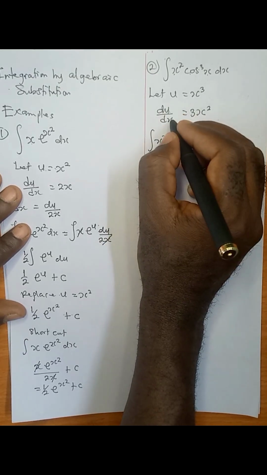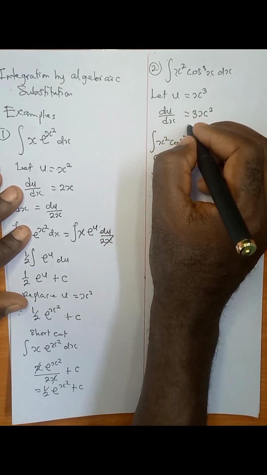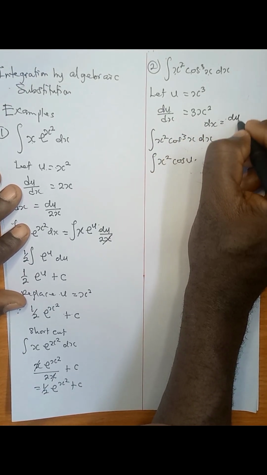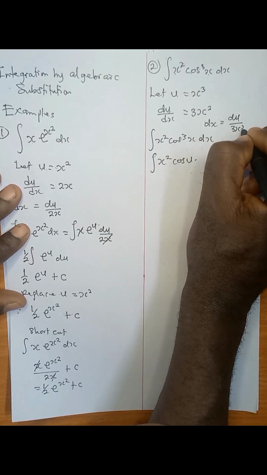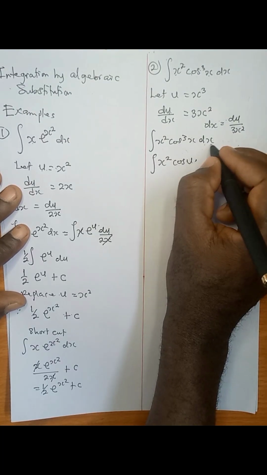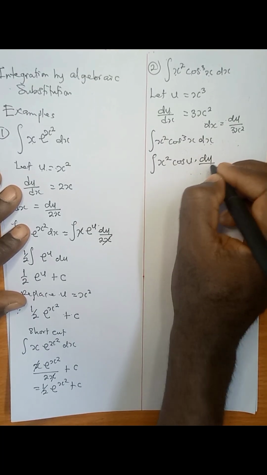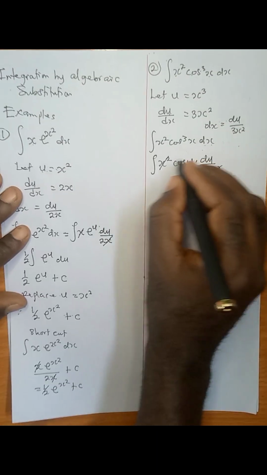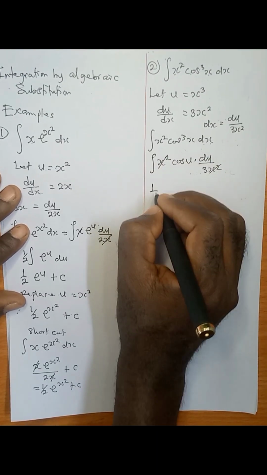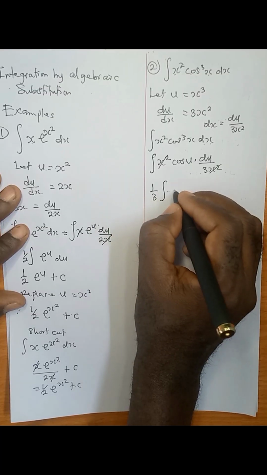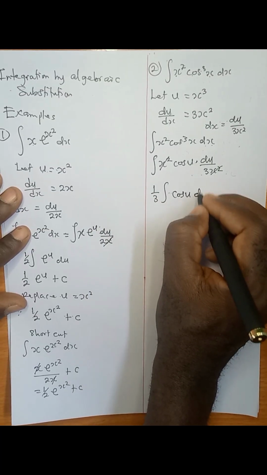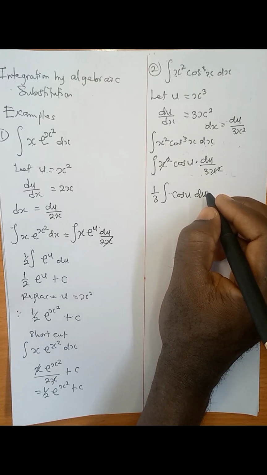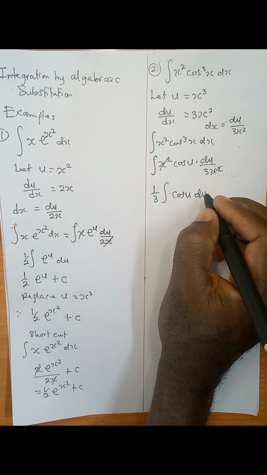Now from here, when we make dx the subject of the formula, we have dx is going to be equal to du over 3x squared. Then we bring it here to replace dx, which is du over 3x squared. And you see this will cancel this. Then this is 1 over 3, we bring it out. Integral of cos u du. Can you see we have succeeded in eliminating x completely by introducing u?